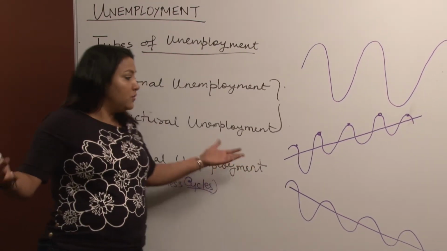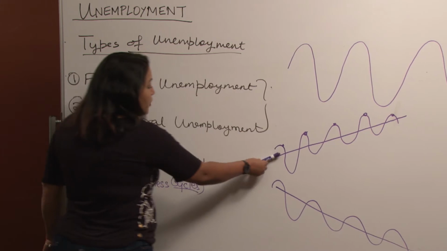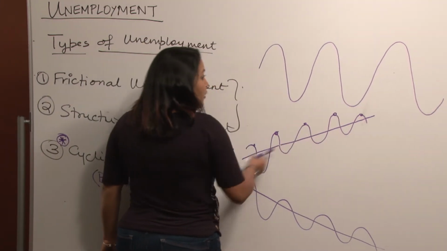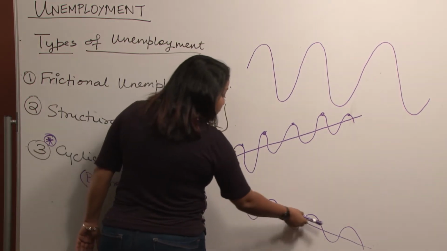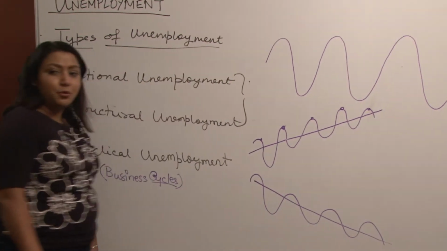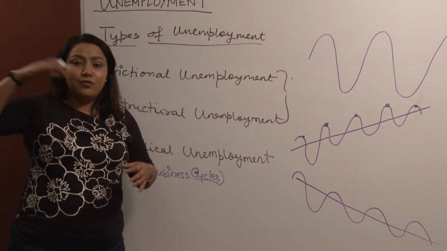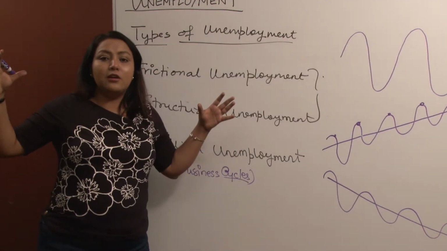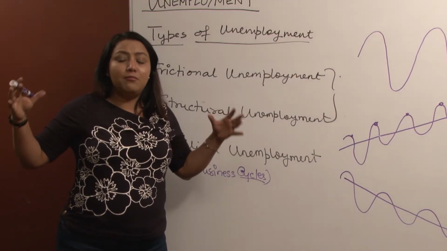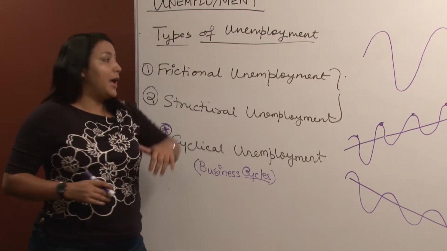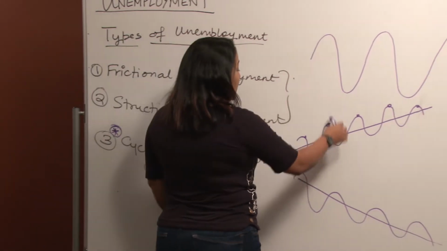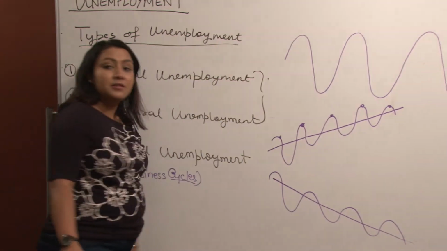So, the general trend might be upwards. Over the last 50 years, the country may have progressed, or it may have worsened, but within that 50-year span, there may have been mountains and valleys, crests and troughs, and those crests and troughs are basically the business cycles.